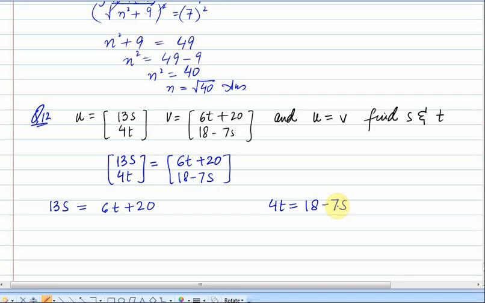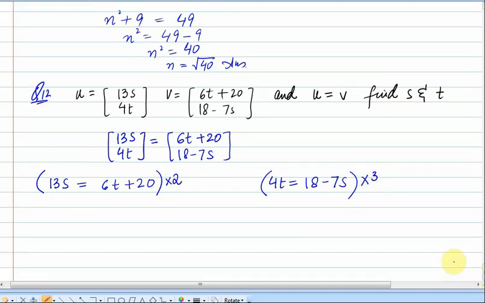Either we can do substitution or elimination. I am opting for elimination. So I am multiplying this equation by 2 and this equation by 3. When this equation is multiplied by 2, it will be 26s is equal to 12t plus 4s, so 22s is equal to 12t.